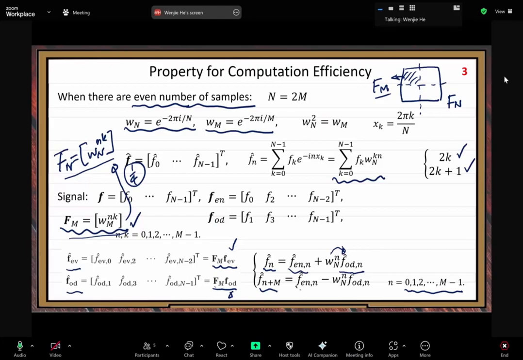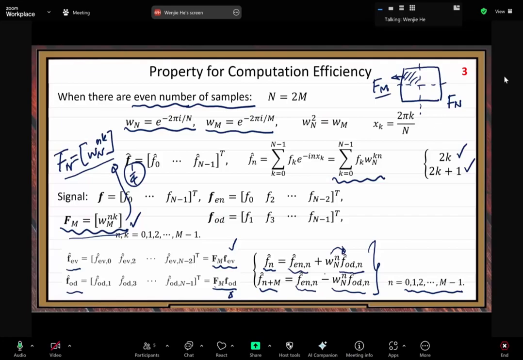For the second one, the same vector multiplication. If we calculate the coefficients in this way, we call it the fast Fourier transform.